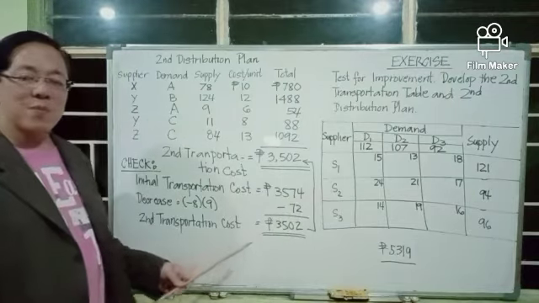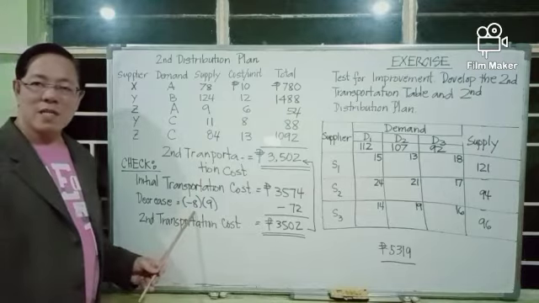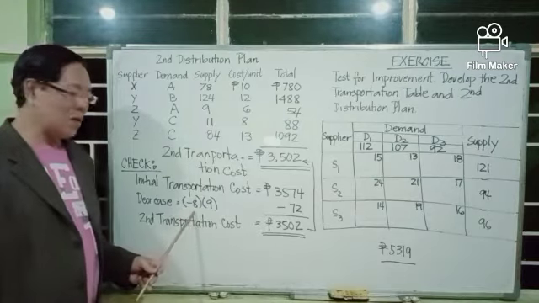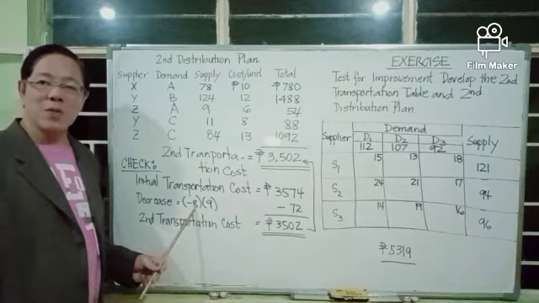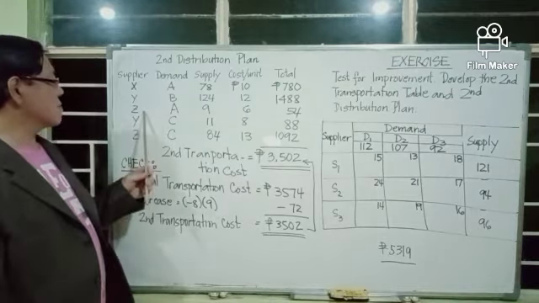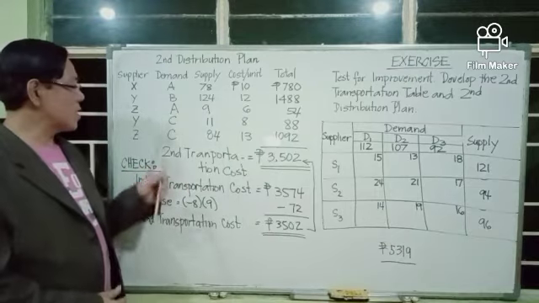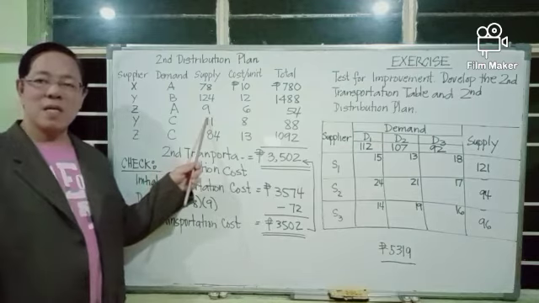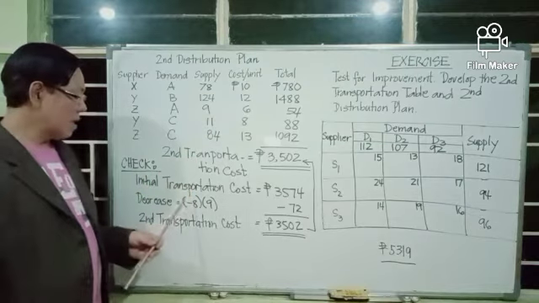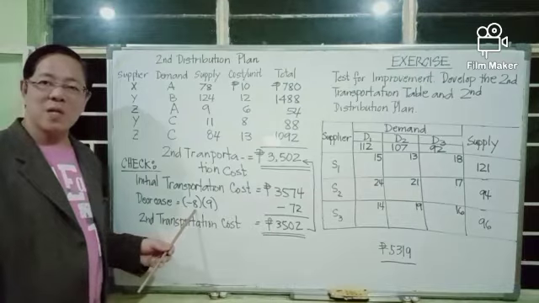And in the test for improvement, we said that the decrease in the total transportation cost is 8 pesos per unit if we transfer some units to the vacant cell CA. We actually transferred 9 units to the vacant cell CA. That will give a decrease of 8 pesos per unit.